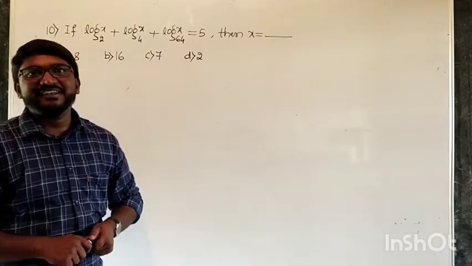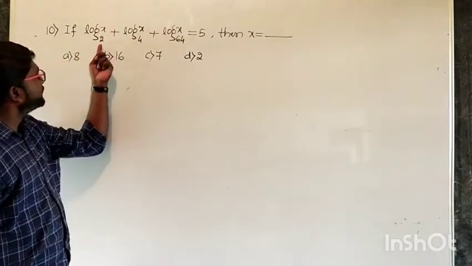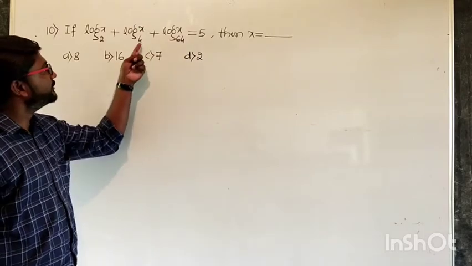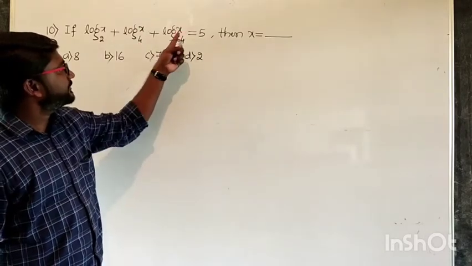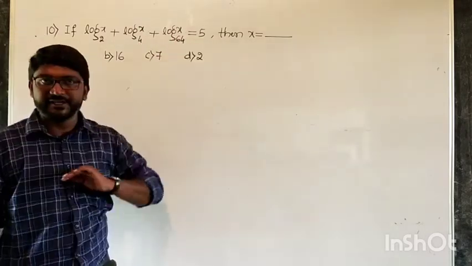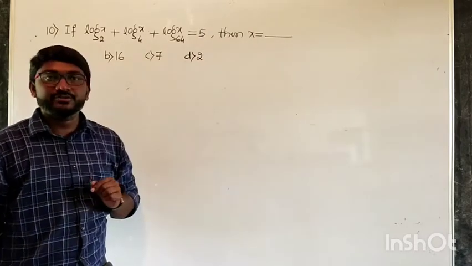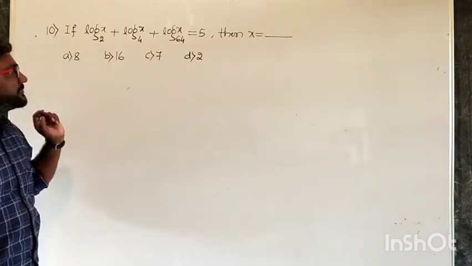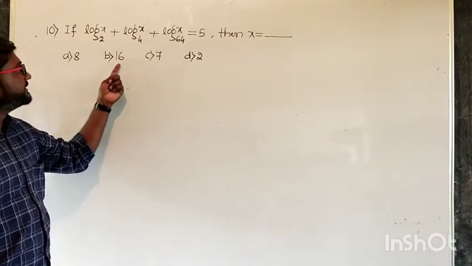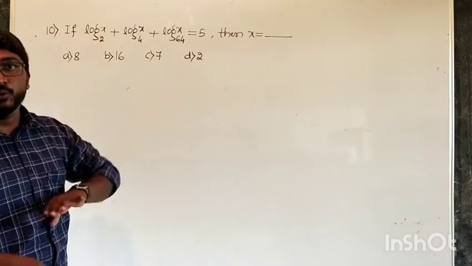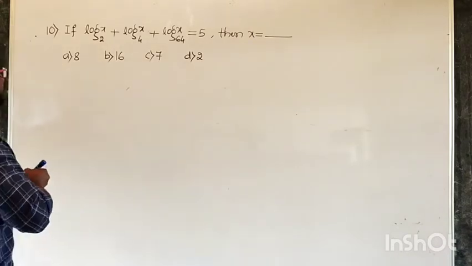The next question: if log x to the base 2 plus log x to the base 4 plus log x to the base 64 is equal to 5, then x is equal to dash. The 4 options are 8, 16, 7, 2. So let us solve this.